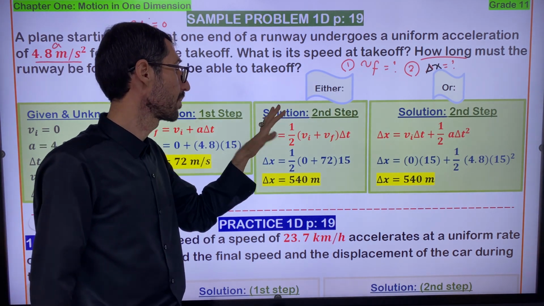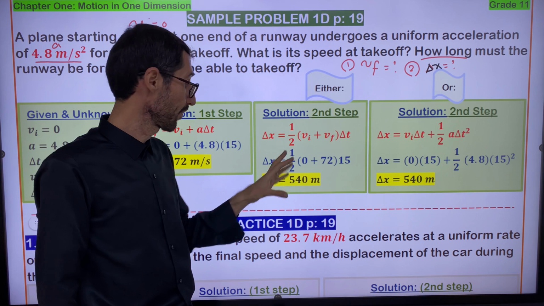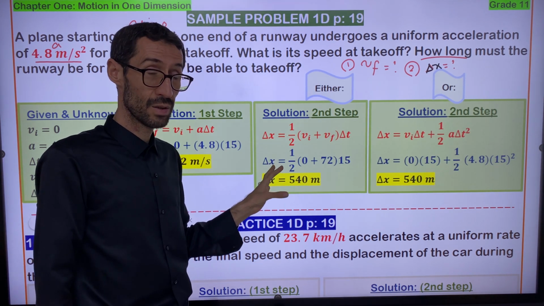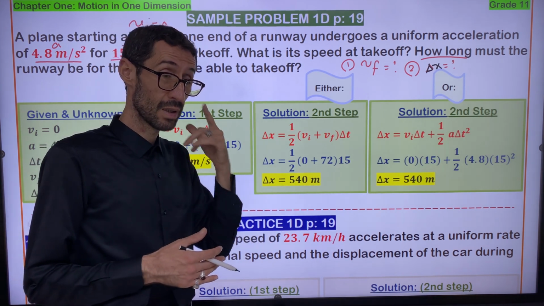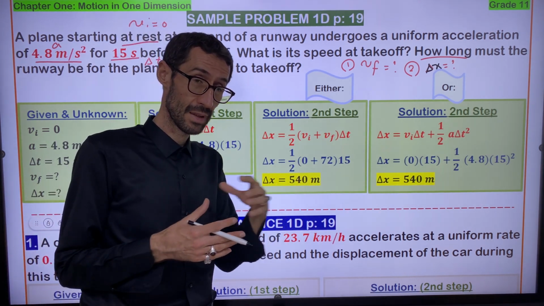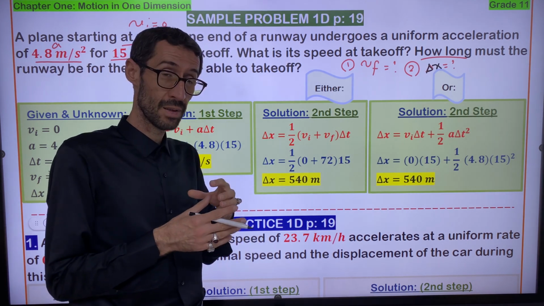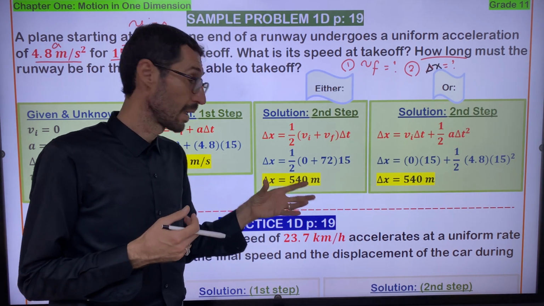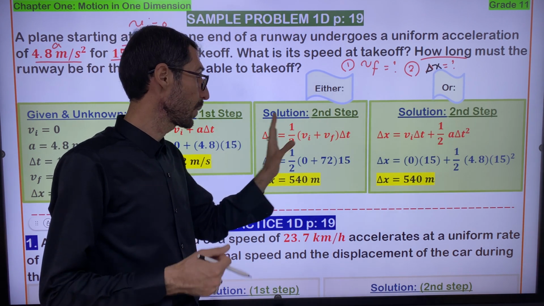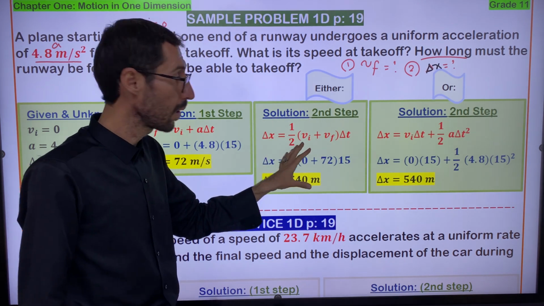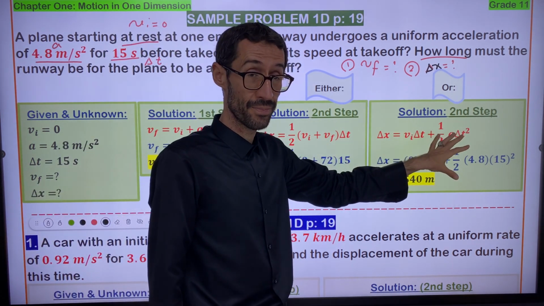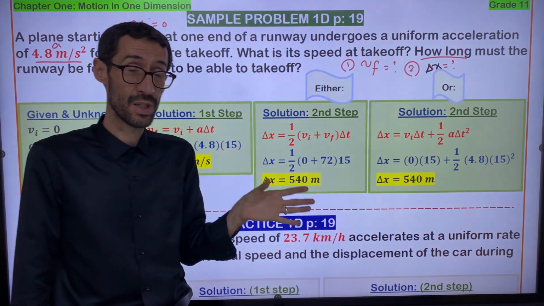But to find the displacement that is covered by the plane, we have two options. Either you use this law or another law, as you wish.